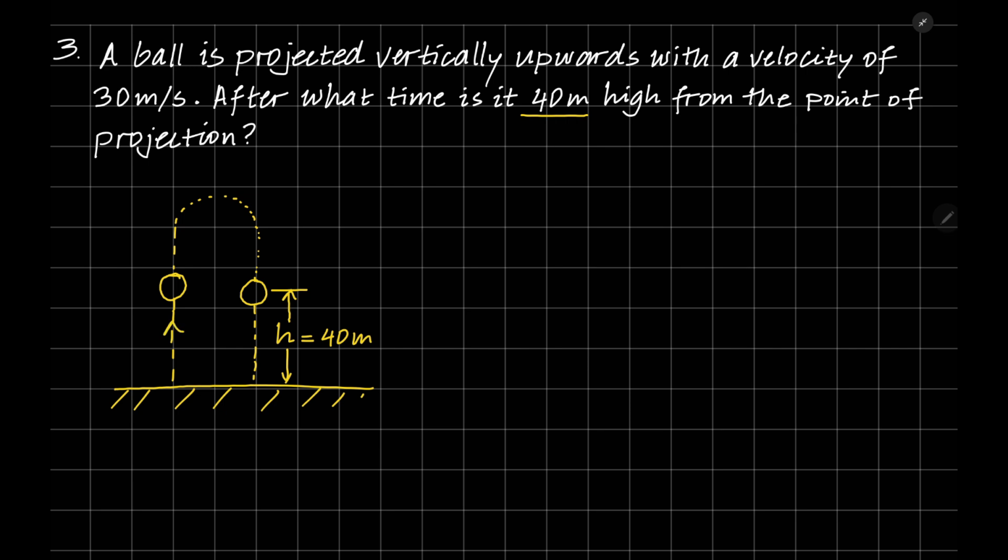This is the direction of motion. And the initial velocity of the ball is 30 meters per second.